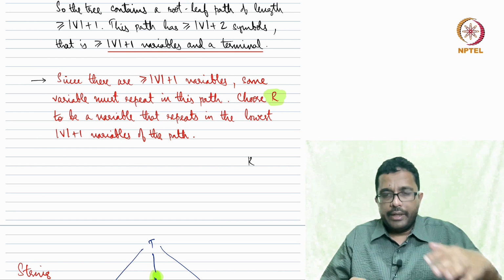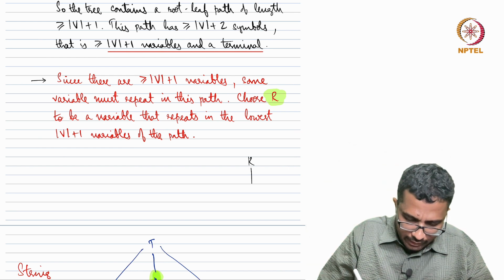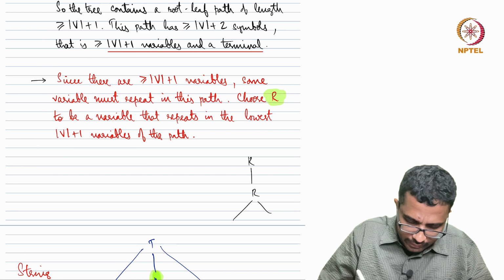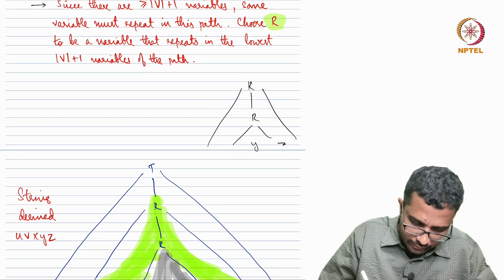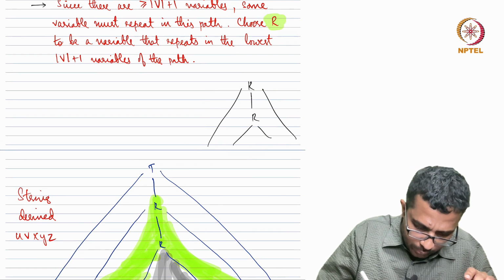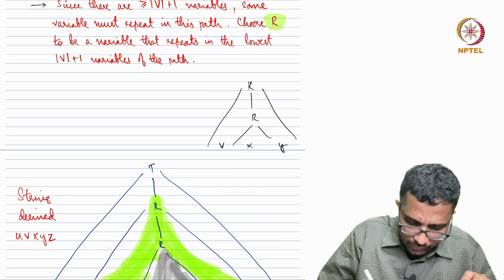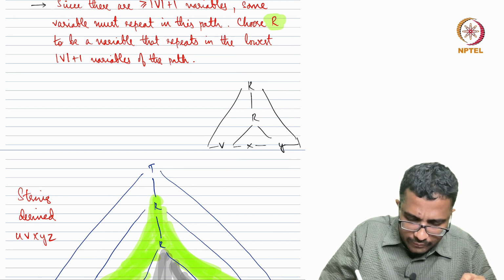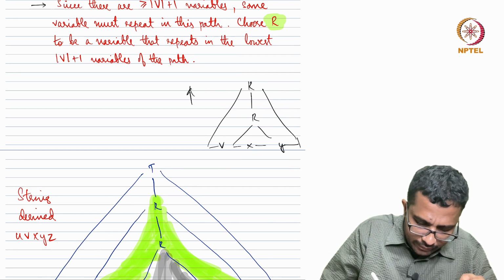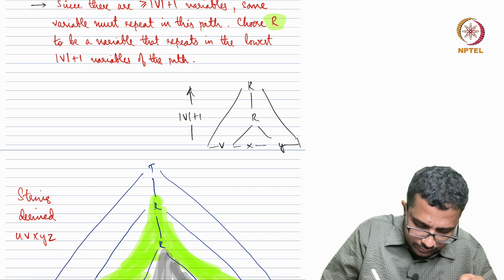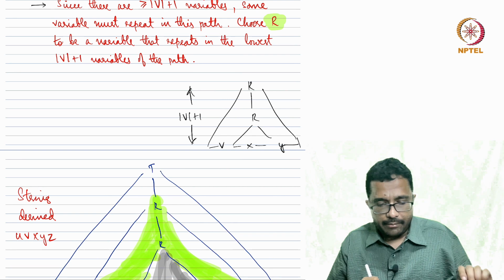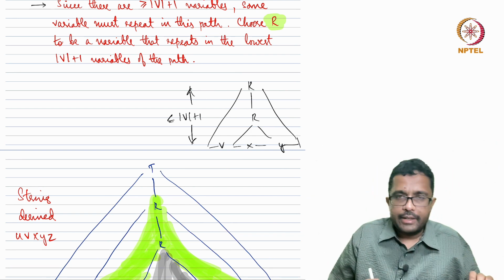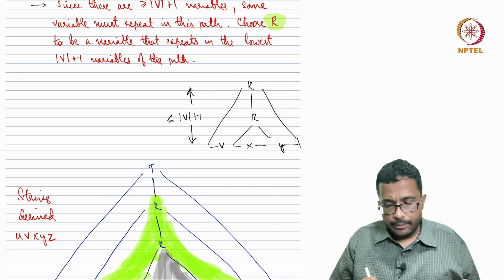Out of the two repeating r's, something happens, then some r, so something like this: v, x, y. The height of this entire tree is no more than v plus 1. We know that even in the v plus 1 variables there is some repeat, so this height is at most v plus 1.